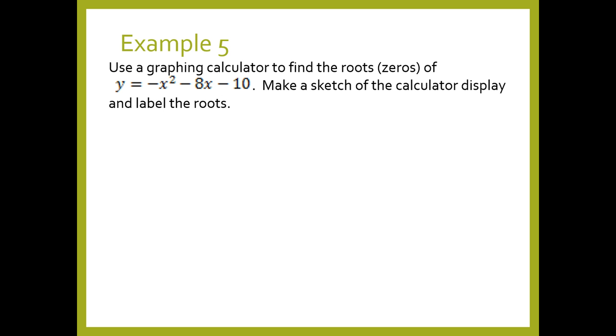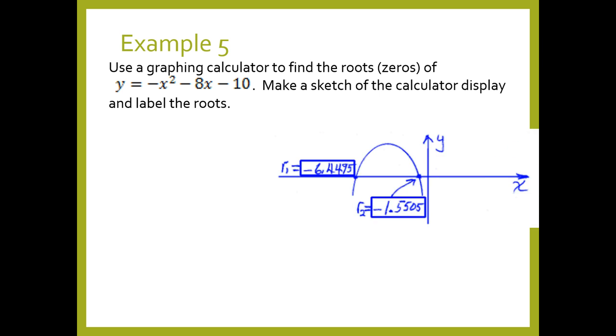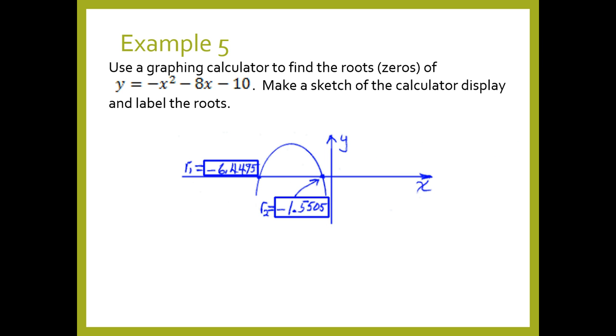Okay, example 5. They want us to use a graphing calculator to find the roots or the zeros of y equals negative x squared minus 8x minus 10. They want us to make a sketch of the calculator display and label the roots. Okay, so what happens is if you look at your calculator after you do this, then you end up with this. Okay, so your parabola looks like this.